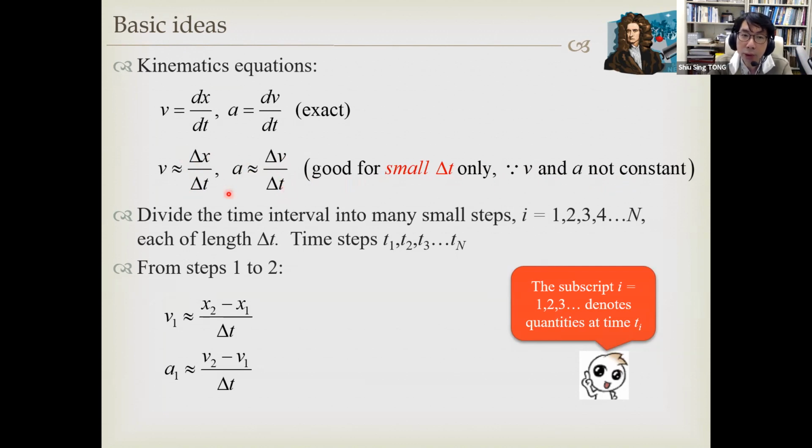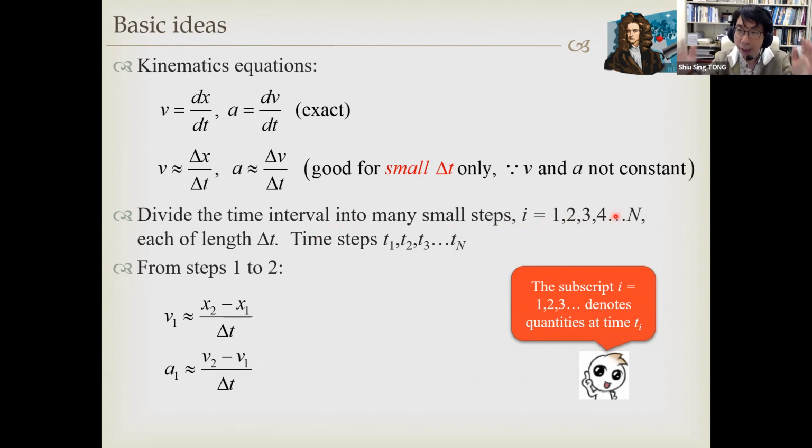Okay, so we proceed with this equation and see what we can do for a long time interval. For a long time interval, we can always divide that time interval into many small steps. We label the steps as 1, 2, 3, 4, 5, 6 up to n.